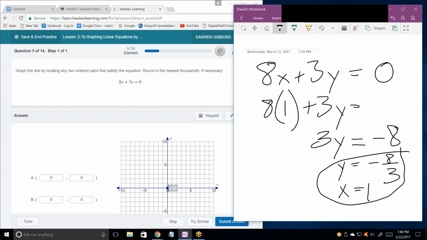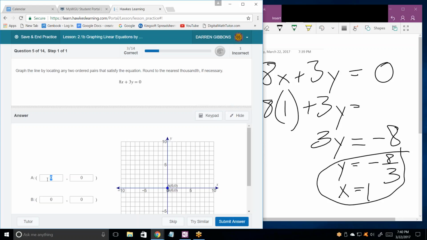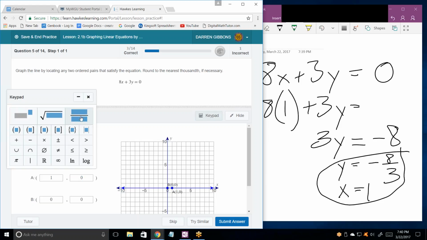So that is 1 point on the line. Let me go back in here and put that in there, and hopefully it'll let me recover. Minus 8/3.